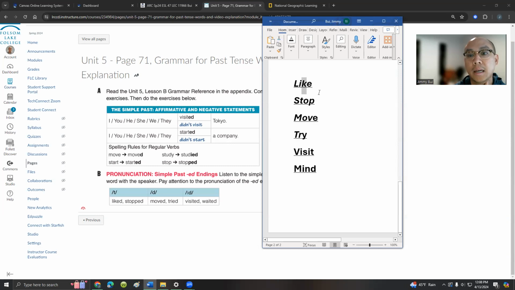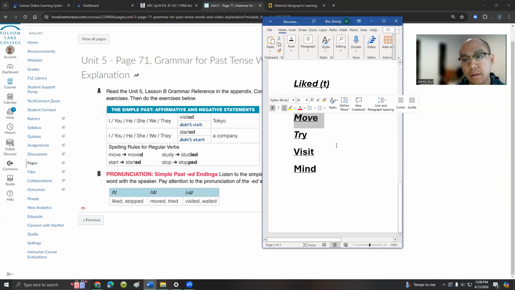Like, ka is, we call that voiceless. Same with stop. Ha, ha, ha. There's no vibration when you say stop, the P sound. Okay, so when it is voiceless, in the past tense form, you will get a T sound. Stop.